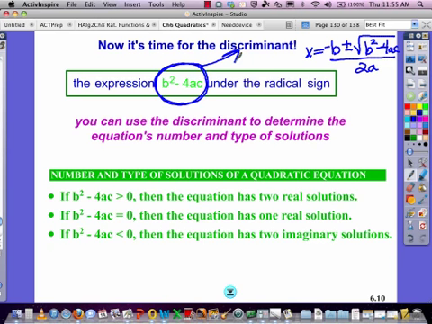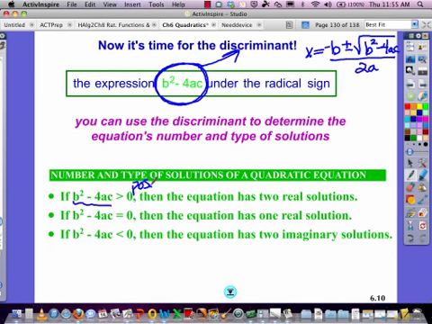Notice, you can use the discriminant now to determine the equation's number and types of solutions. So looking further here, we've done b squared minus 4ac several times, and it's been a positive number. Anytime it is positive, then the equation is going to have 2 real solutions. We've also done it when the calculation has actually come out to 0.